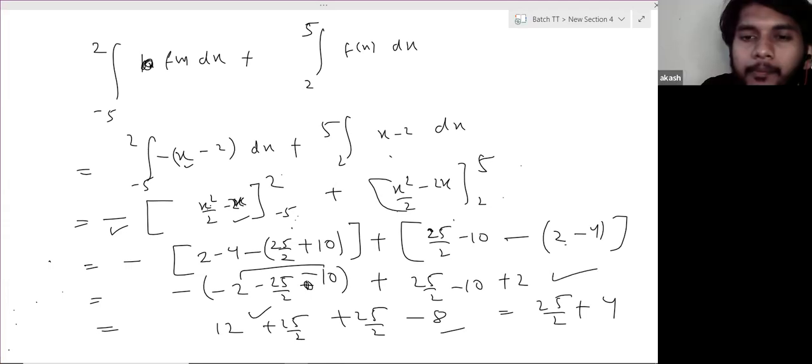Let me check the calculation. 2 square upon 2 is 2 minus 4. Lower limit 25/2 plus 10. Okay, this is cool. 25/2 minus 10 minus 4/2, 2 minus 4. This is also right.